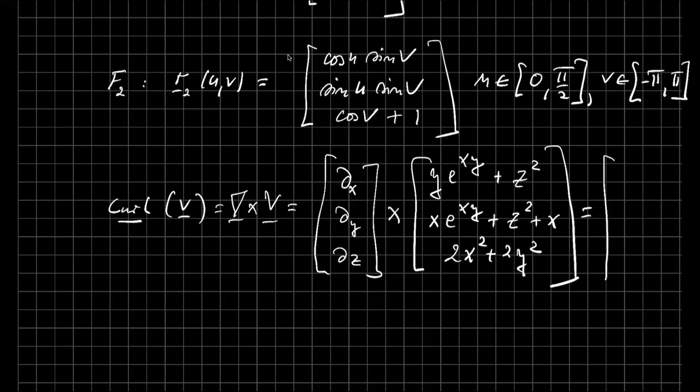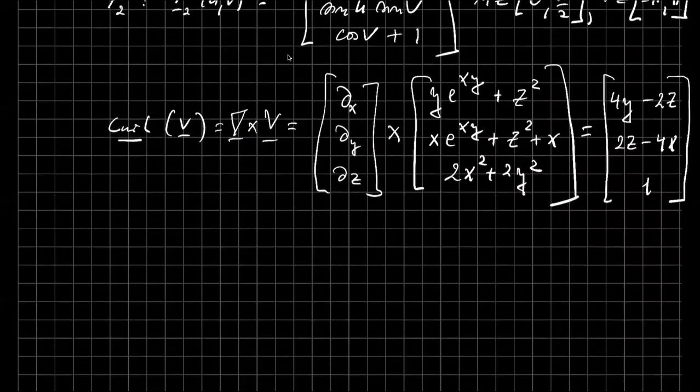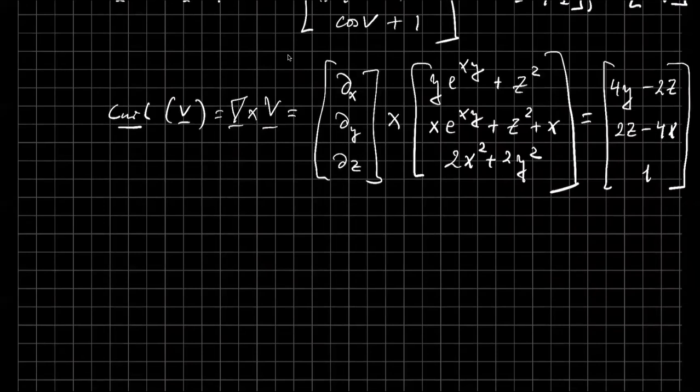And if you compute this, you get 4y minus 2z, 2z minus 4x, and the third coordinate becomes 1. You can see that the curl of V is much simpler than the vector field itself. And this is one of the reasons why it is good to apply Stokes' theorem in this case.